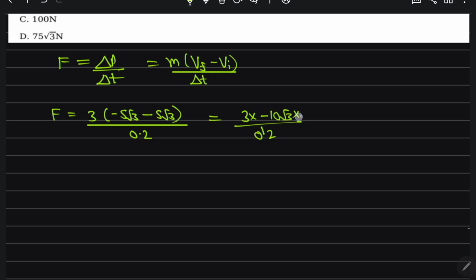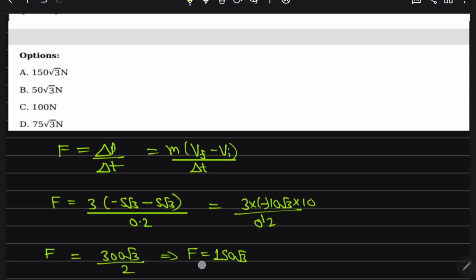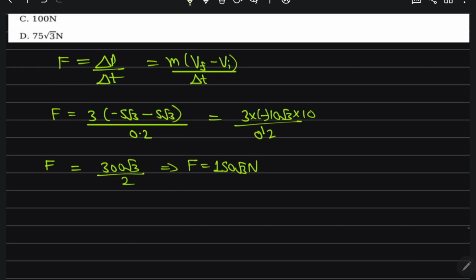So this negative sign, don't worry, they are just showing that your net force is acting in the opposite direction, right? So this force comes out to be 150 root 3 Newton. So which option?